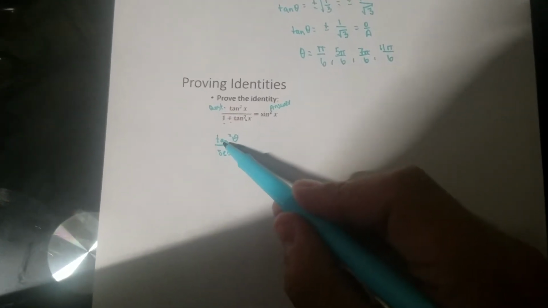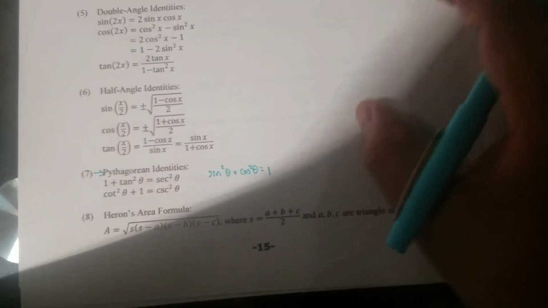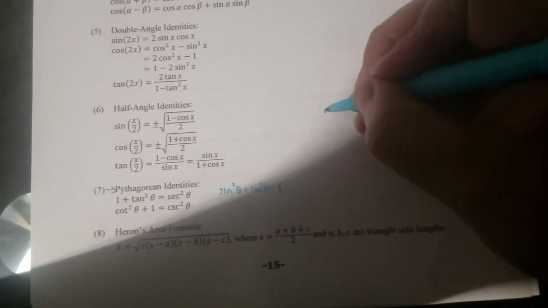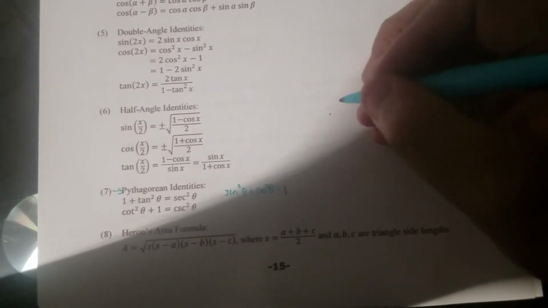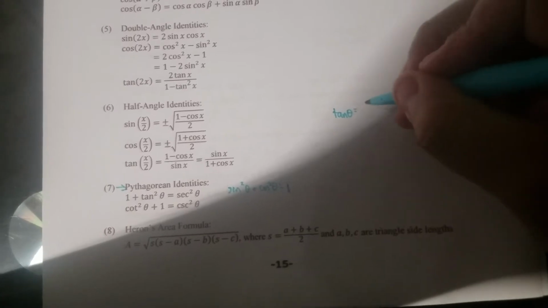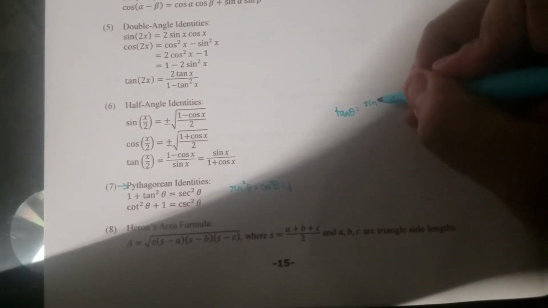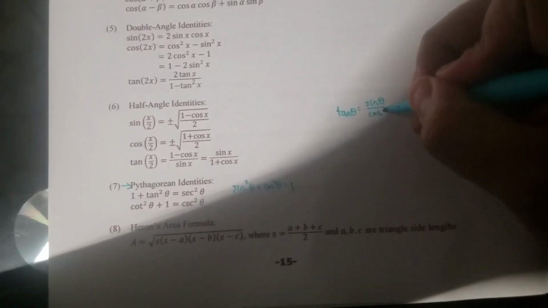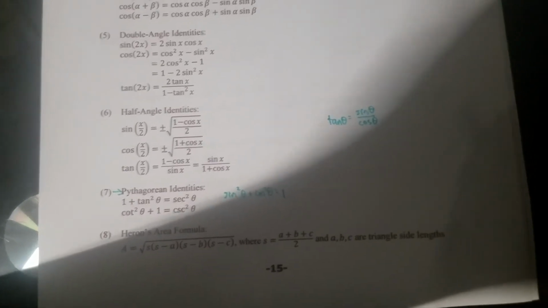So when I get stuck, guys, remember, you want to turn them into sines and cosines. So I'm going to add a couple more identities here. These are ones you need to remember. So remember that tangent is equal to sine over cosine.